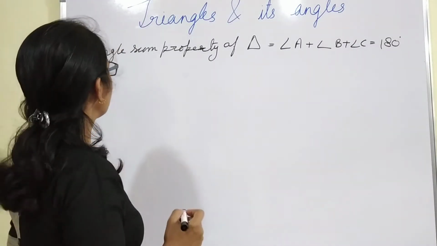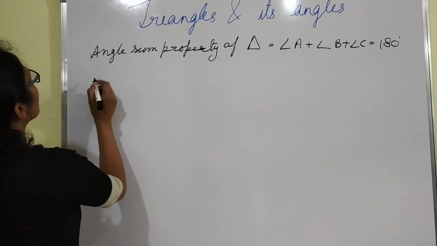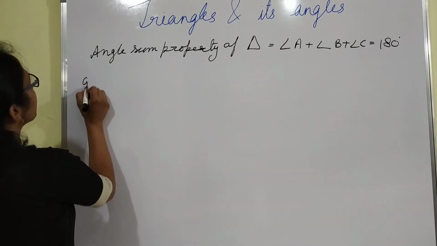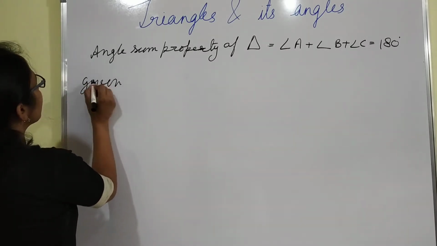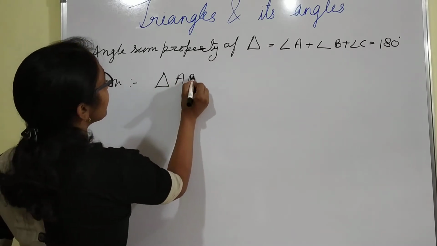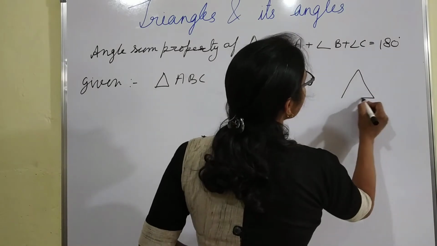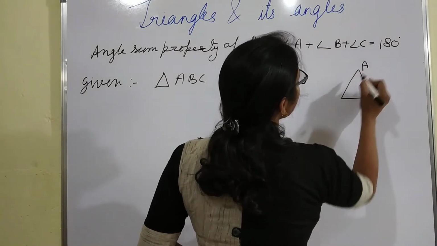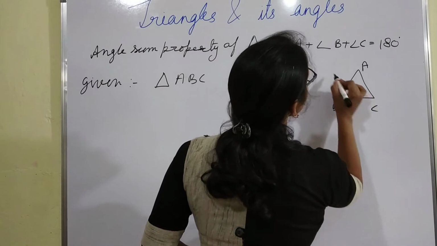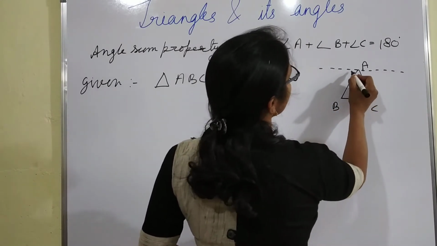Okay, so we have to prove this. Given is triangle ABC. I am drawing here A, B, C, and it is construction.